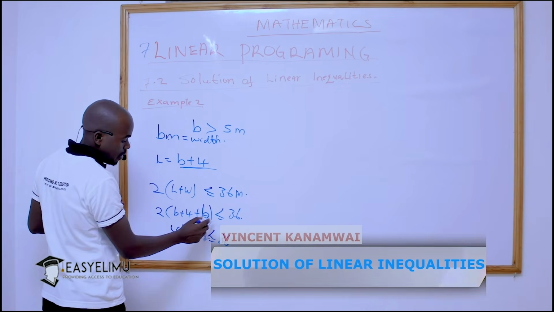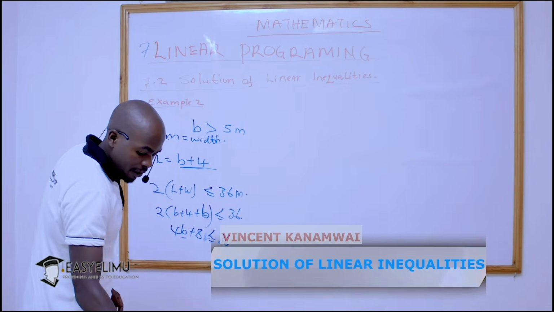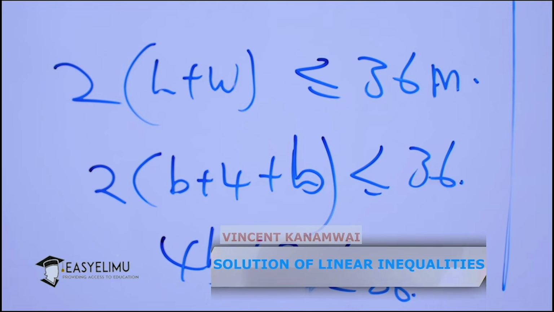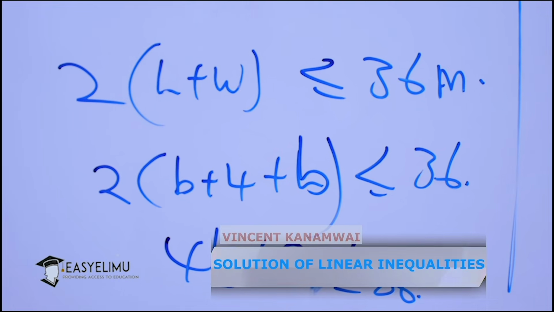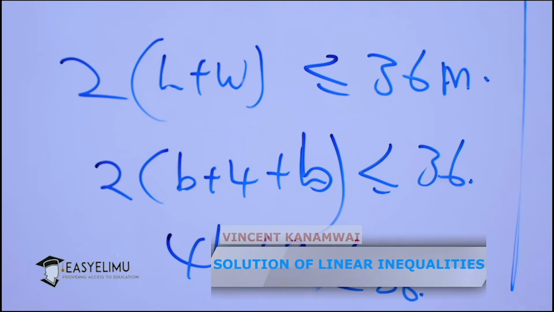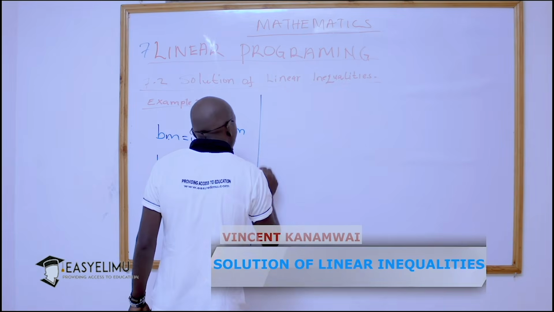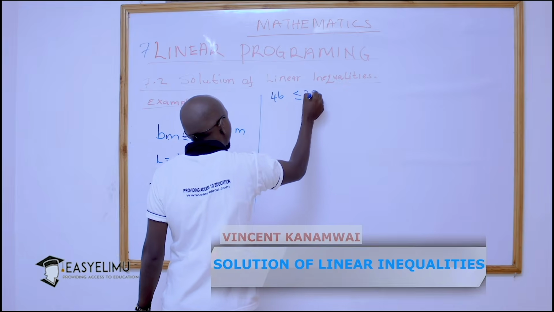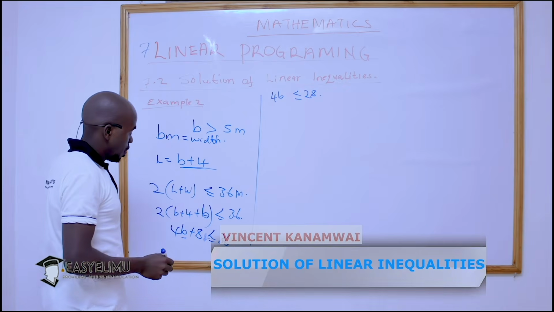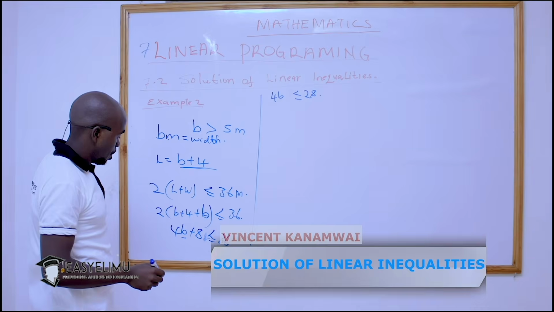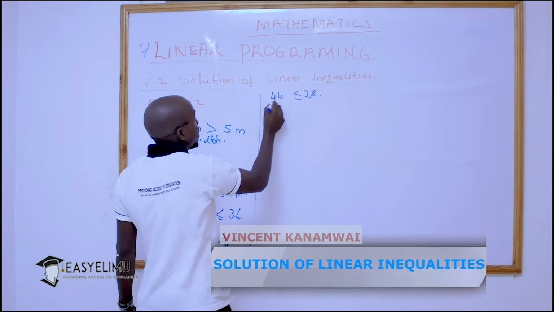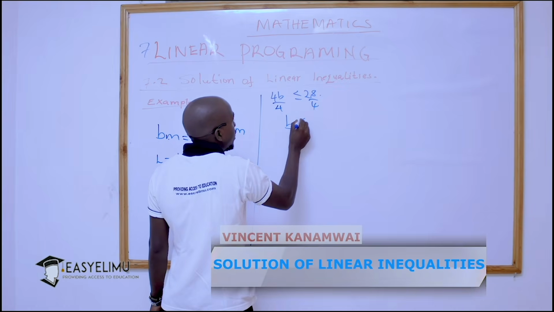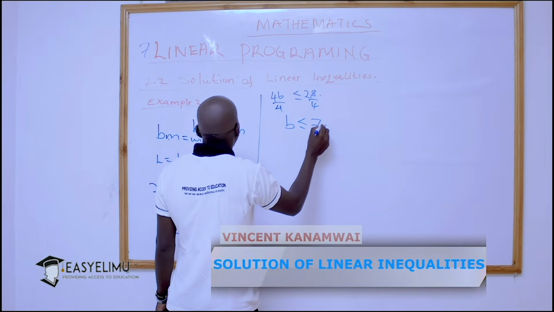So if we open the bracket, we are having 2 times 2b, which is 4b, plus 8 is less than or equal to 36. So we bring it the other way. We are finding that 36 subtract 8 is 28. So if we have 4b less than or equal to 28, then what we are obtaining here is that b is less than or equal to 7.